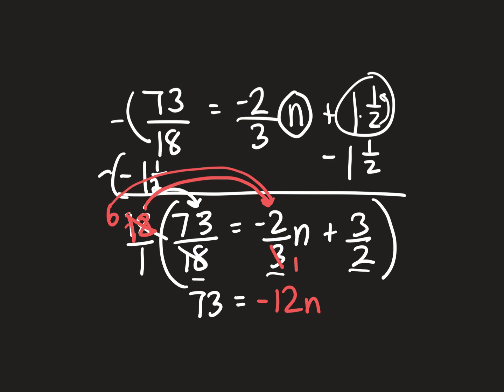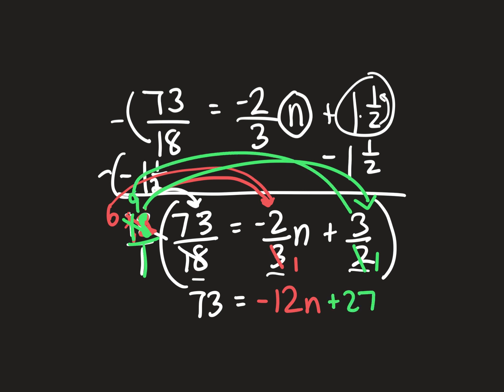And then finally, 18 over 1 times 3 over 2 is 54 over 2, which is 27. Another way to look at that is 2 into 2 is 1 time, 2 into 18 is 9 times, and then 9 times 3 is 27.